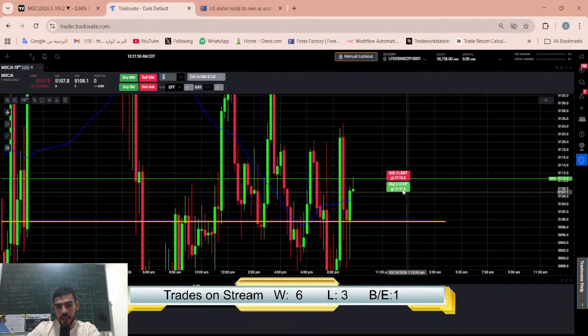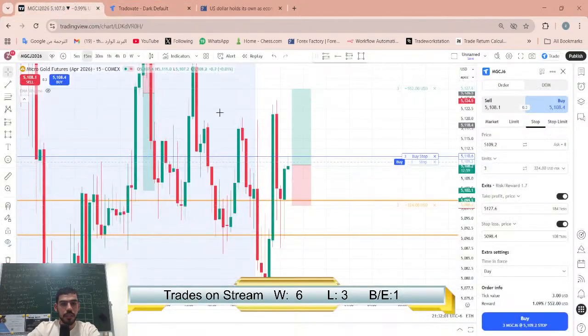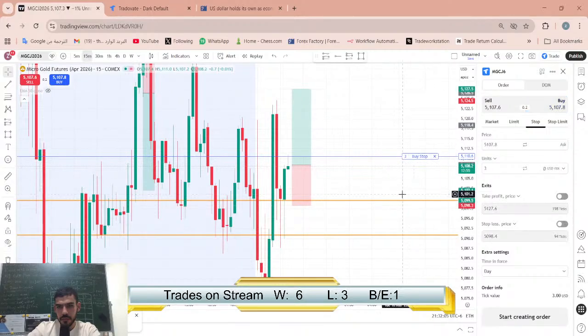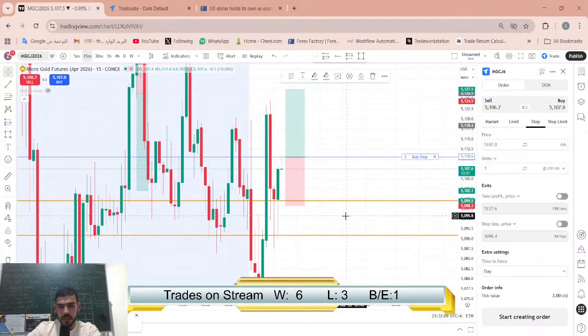Okay, here we go, guys. I think it gave us a very tiny bottom wick. I'm going to put my buy stops right here. Entry is going to be about, it's kind of big actually.